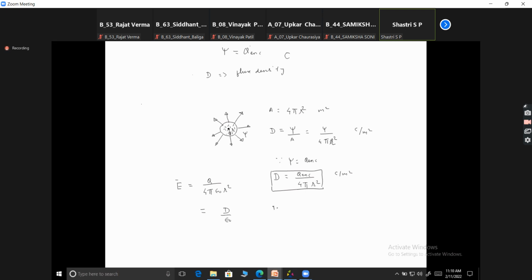So flux density always equals medium constant into electric field intensity, D equals epsilon naught E. If you are expressing D in vector form, then the electric field should also be in vector form, and vice versa. So this is the relation between the flux density and electric field intensity. Right.